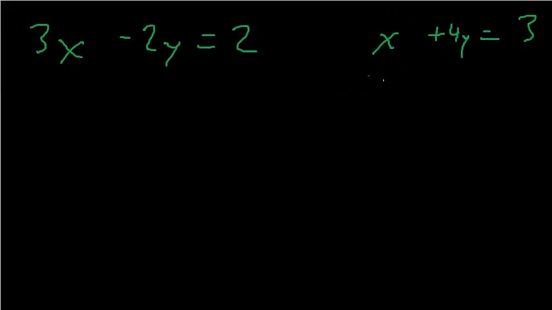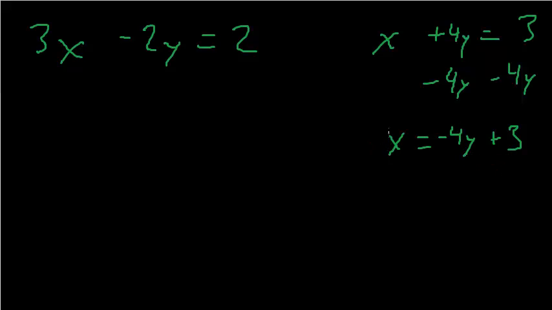Right? This is our variable we want to isolate. Okay, we first isolate this variable without its coefficient by subtracting the other terms from both sides. So minus 4y from both sides, and I get x is equal to negative 4y plus 3.